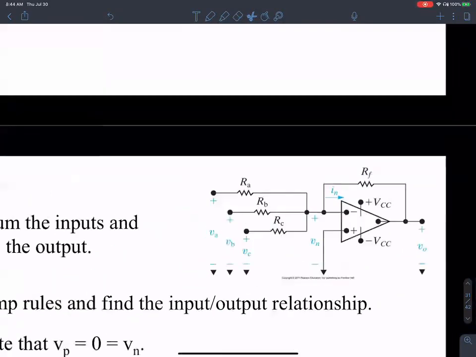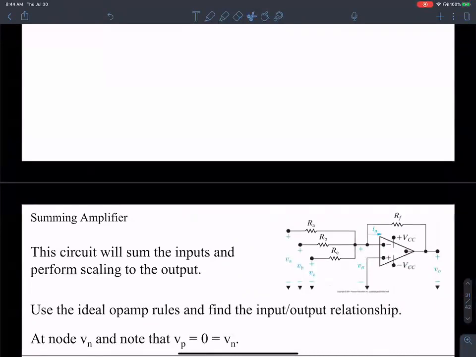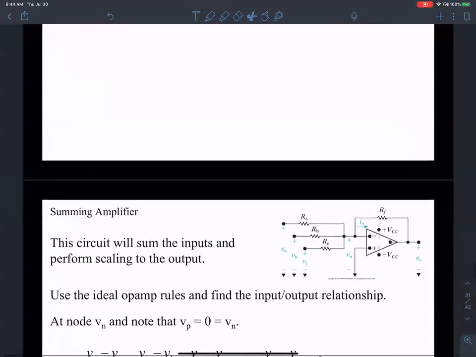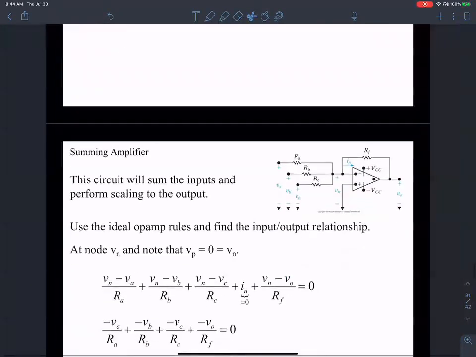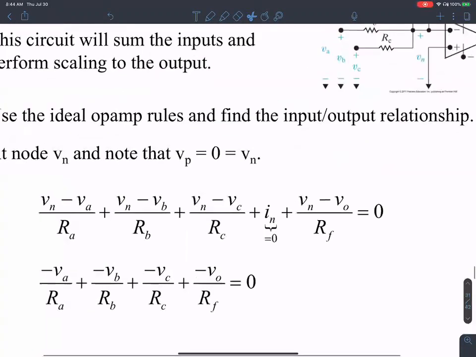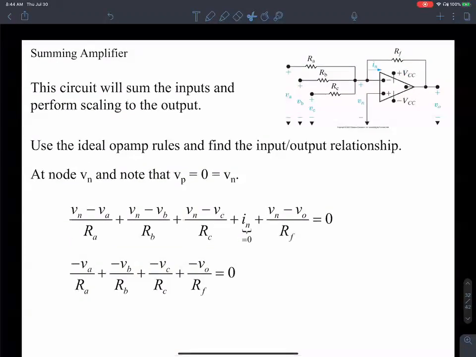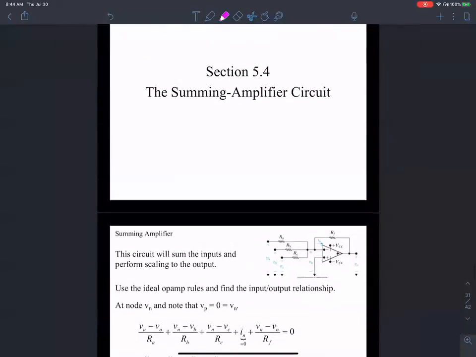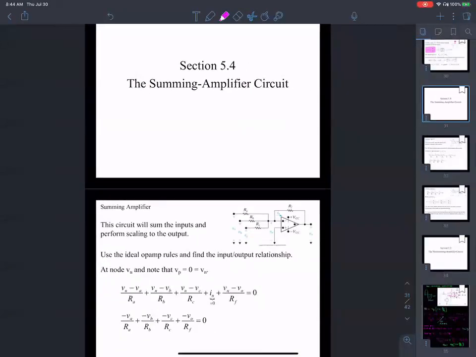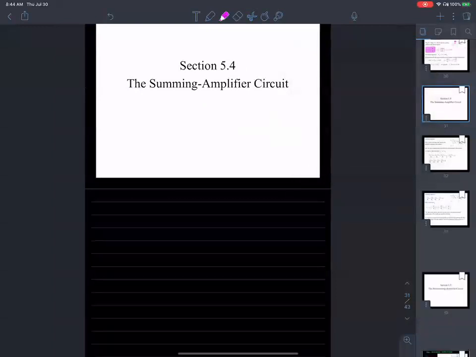Let me copy that. Would you like for me to do the analysis by hand, or can I annotate it on the slides here? Would it be okay to do it by hand? Yes, of course. Let me add a page over here.